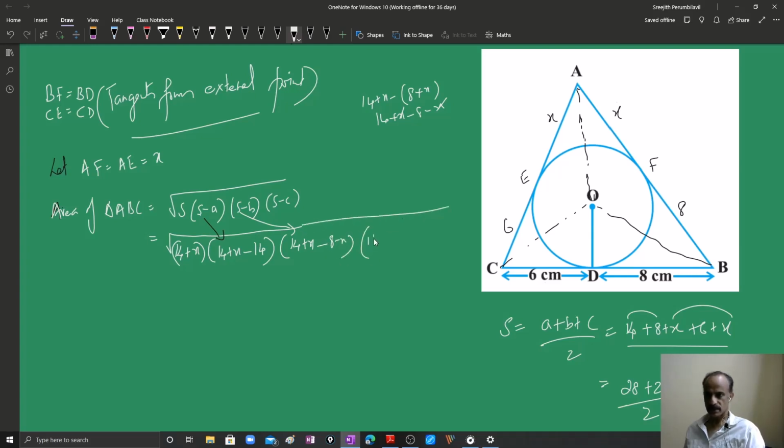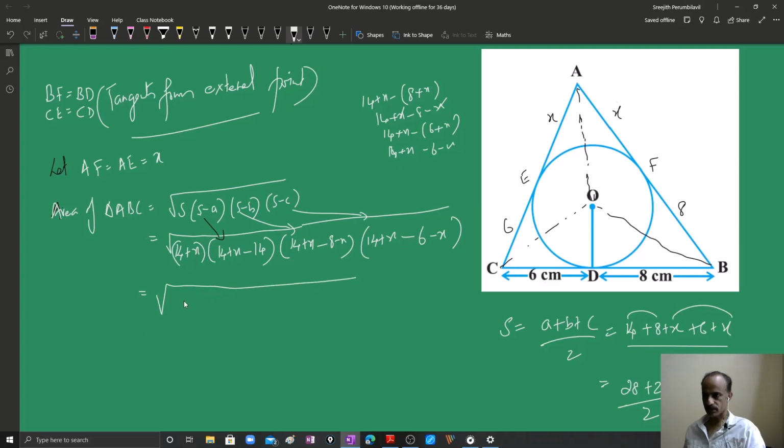The next bracket, again 14 plus X, into S minus C. What is C? This side, the third side, 6 plus X. Remember this minus coming and opening the bracket, I'm skipping one step. The next step will be 14 plus X minus of 6 plus X. What happens when you open the bracket? 14 plus X minus 6 minus X. That is what is written here.